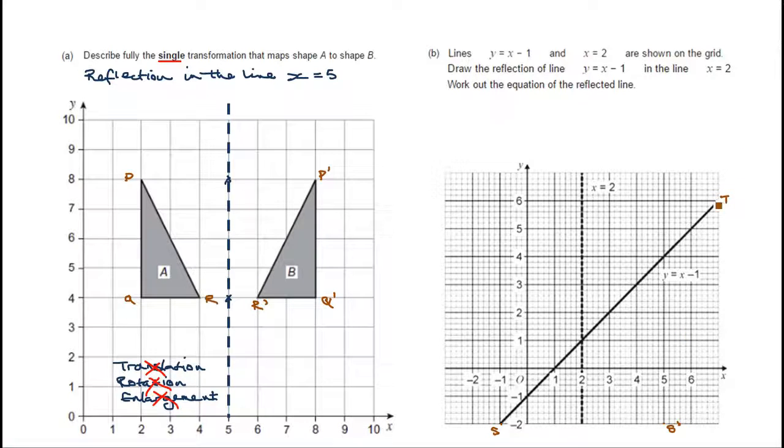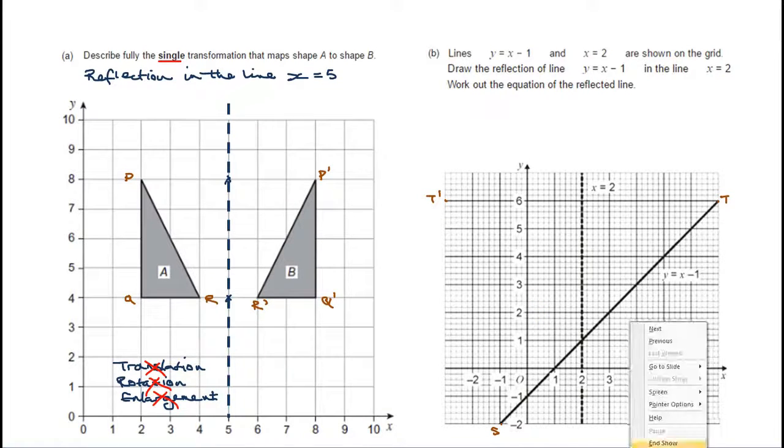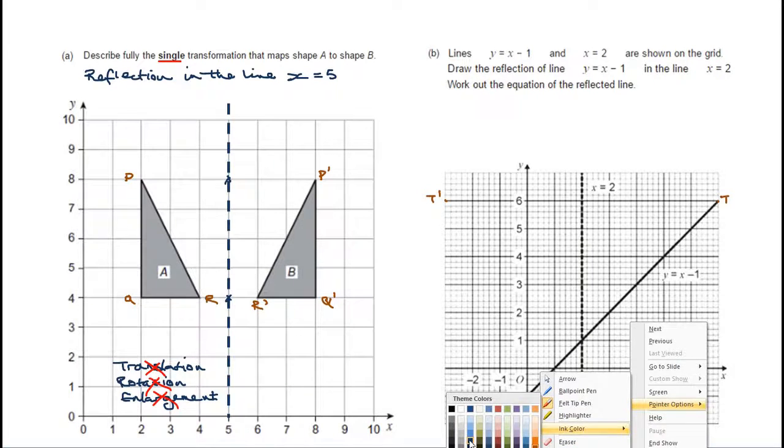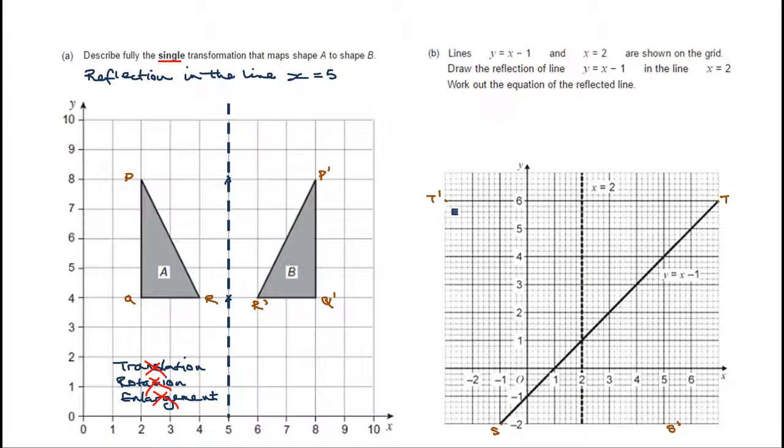And T is 5 away from the line of reflection, so here must be T prime. Now we can draw S and T together, T to S, to get our image of ST.